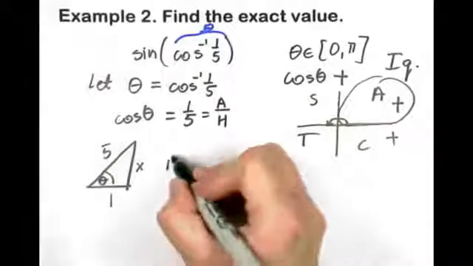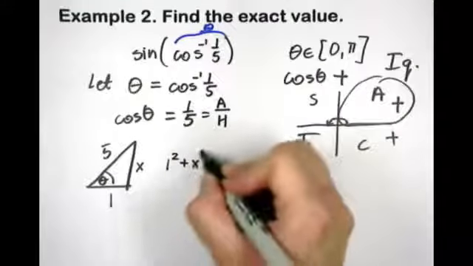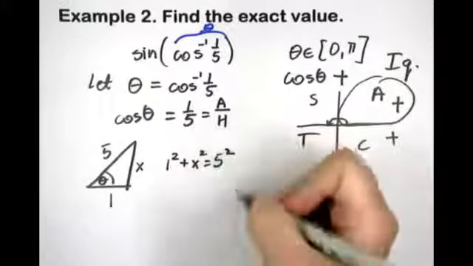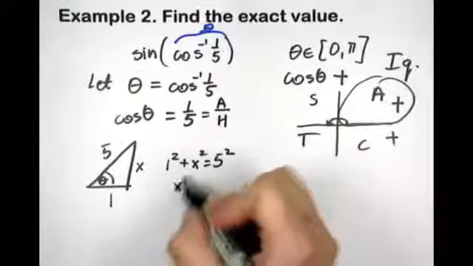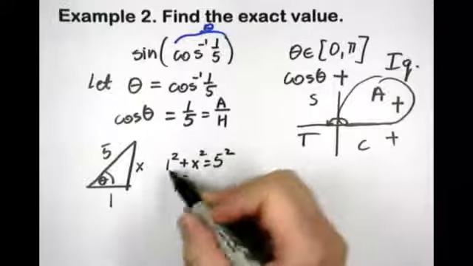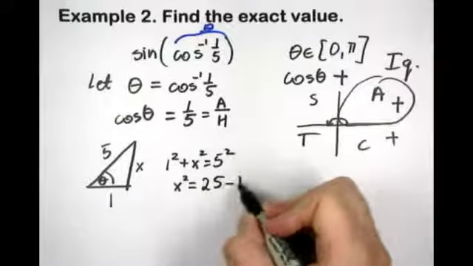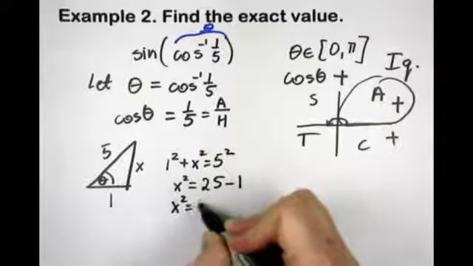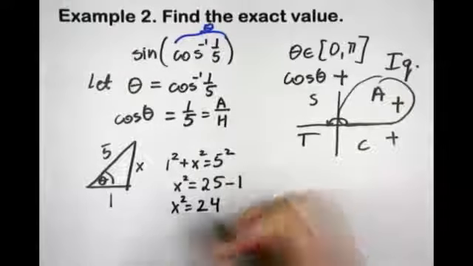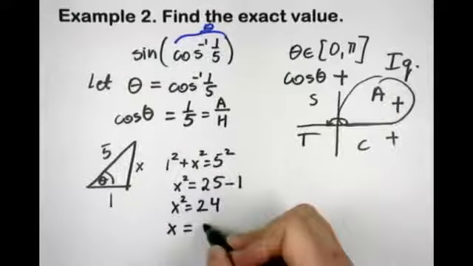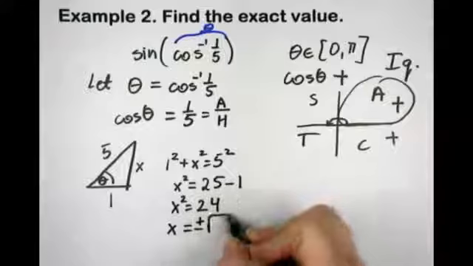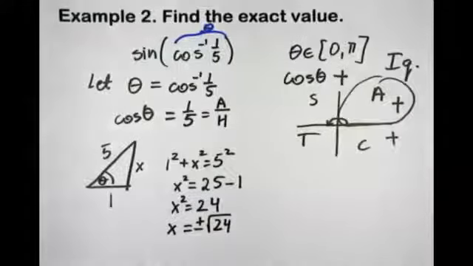We have 1 squared plus x squared is equal to 5 squared. So x squared is equal to 25 minus 1, which is 24. If you take the square root, we have plus or minus square root of 24.